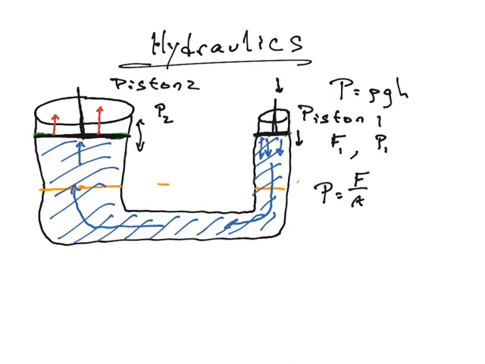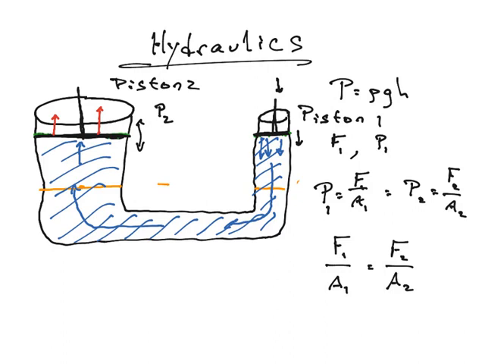Well, if pressure 1, which is force 1 over area 1, is the same as pressure 2, which is force 2 over area 2, then the force felt by piston 1 over the area of that piston must be the same as the force felt at piston 2 divided by the area of that piston.